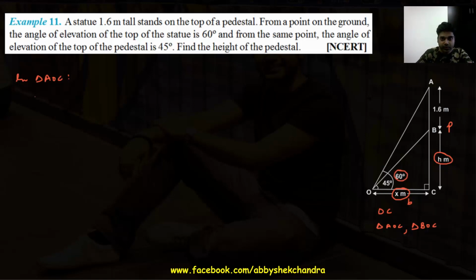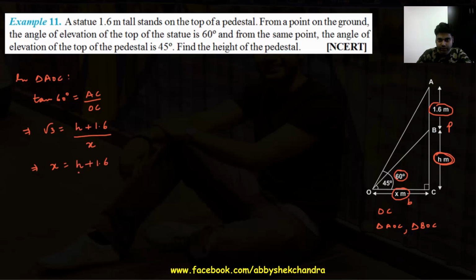So tan 60 degrees equal to AC by OC, or tan 60 is root 3, AC will be H plus 1.6 and OC we are assuming to be X. So right now AC is this 1.6 meters plus H meters. So X equal to H plus 1.6 divided by root 3. Let's call it 1.